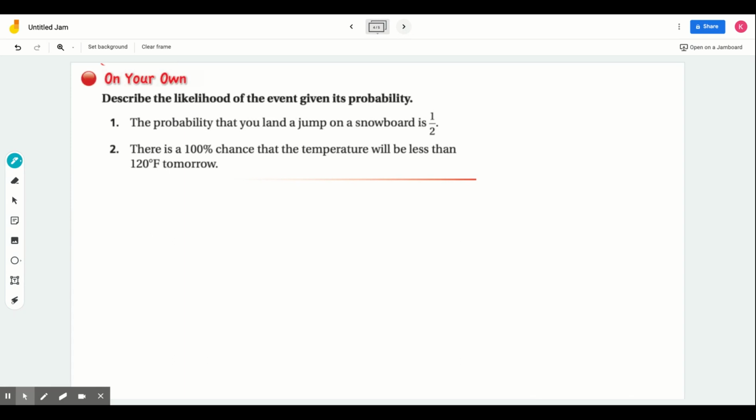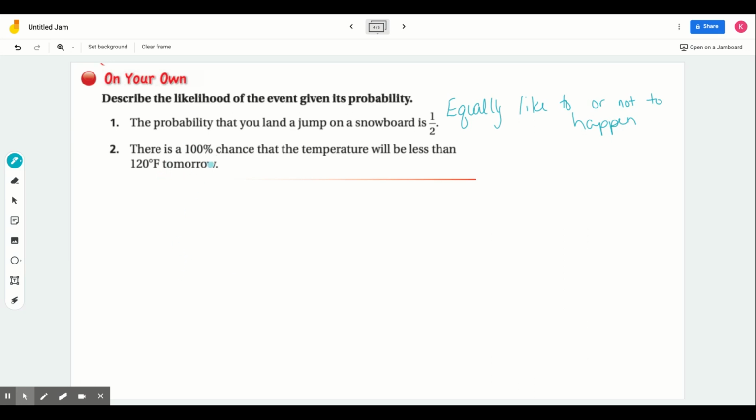What that's saying is it's equal chances either way. It could or it could not, and we're really in the middle on whether it's going to happen or not. So we're going to write in equally likely to or not to happen, since we're right in that middle, that 50% mark.